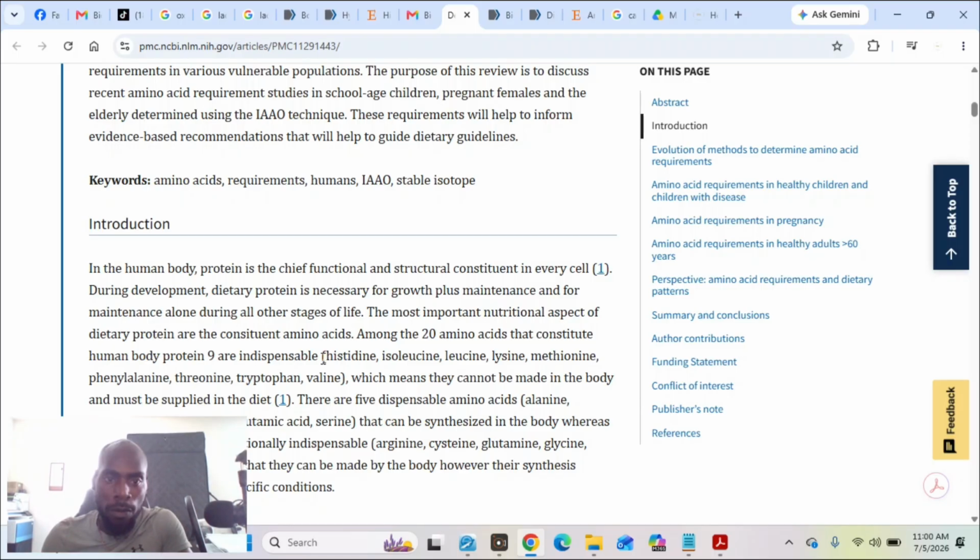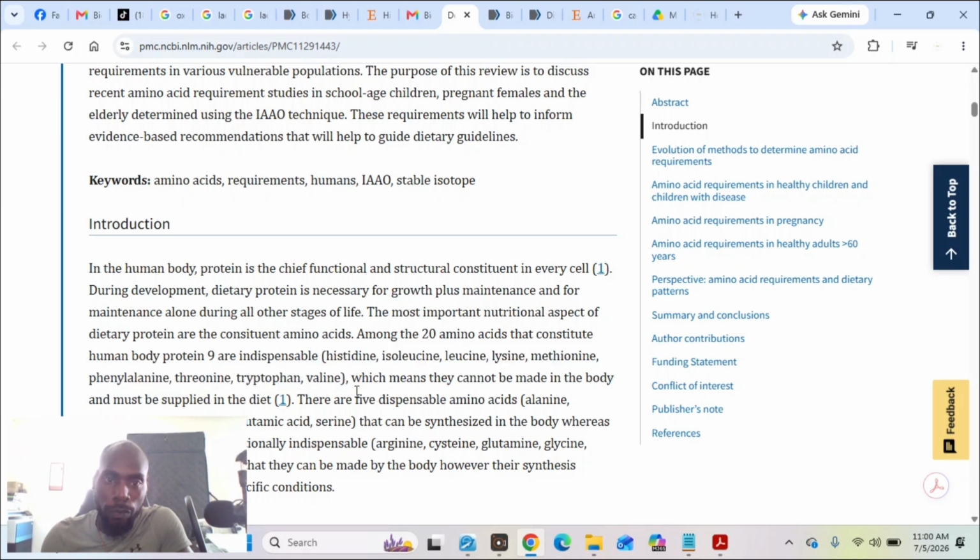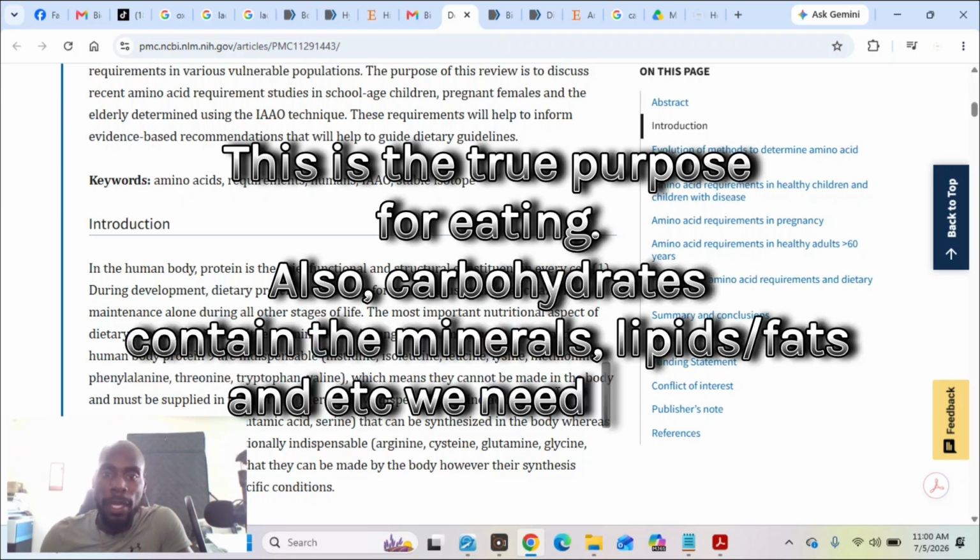So these are the 9 amino acids here that we need to consume for the body to be able to produce the proteins that we need, which means they cannot be made in the body and must be supplied in the diet.